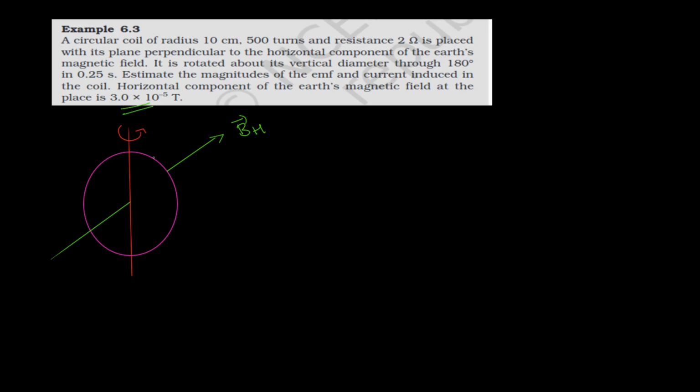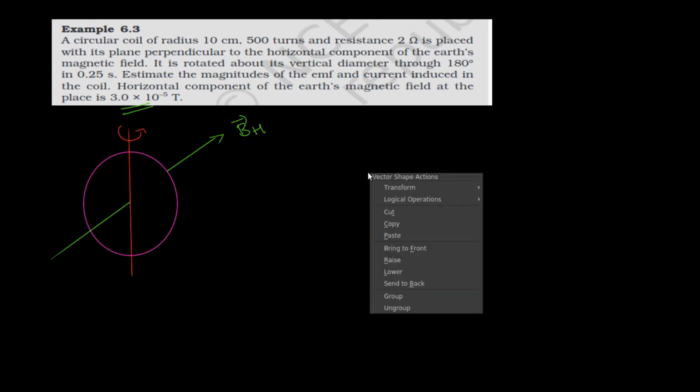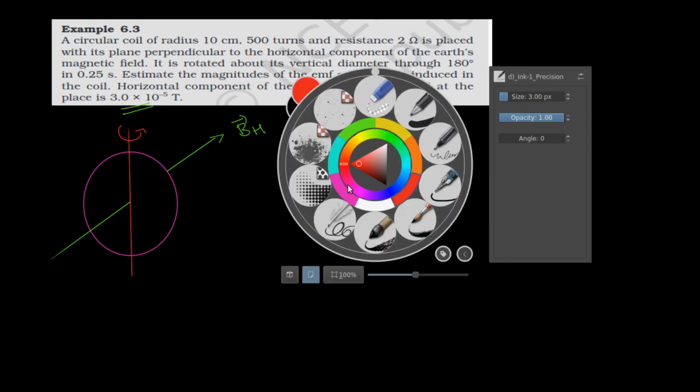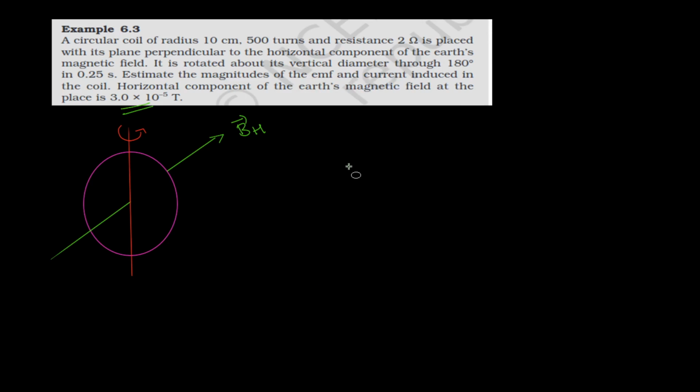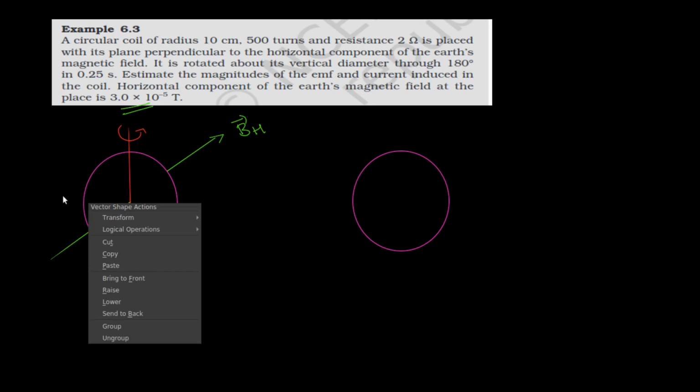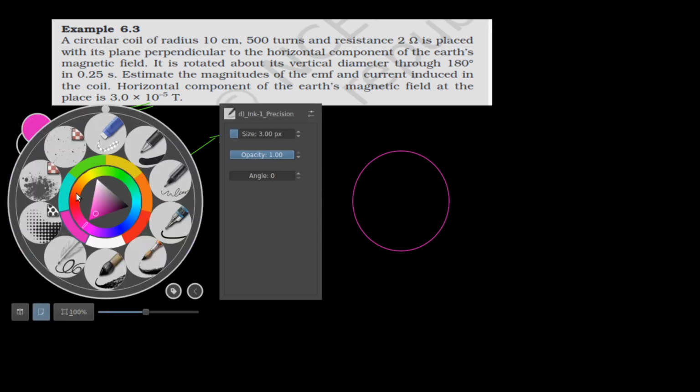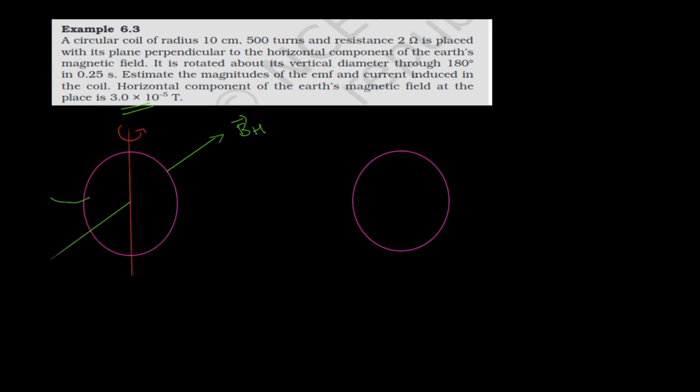Once you rotate it through 180 degree, you will see exactly the same circle, except you will now be seeing the other face of the circle. Right now you are seeing this face, and what you're not seeing is the face behind.